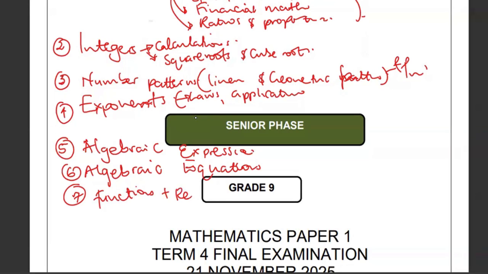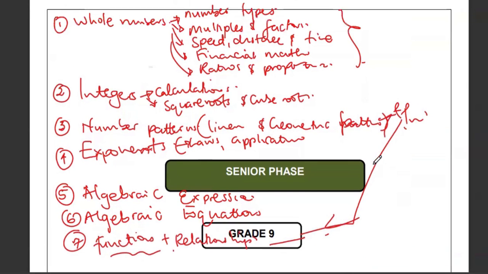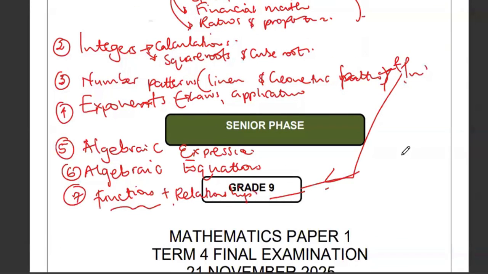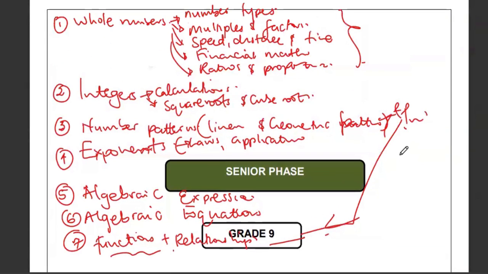Functions and relationships. That's when you do your bit of graphing and determining the rule and all of that. So it's more linked to the number patterns. Okay, it works hand in hand. So basically, those are the topics for paper 1. Whatever is not here comes straight into paper 2.